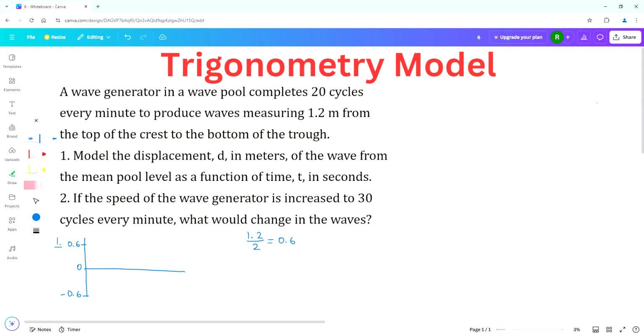Next, we can calculate the period for this function. As per the problem, 20 cycles are completed every minute. For the model, the unit of time should be seconds. That means the wave generator completes 20 cycles every 60 seconds.